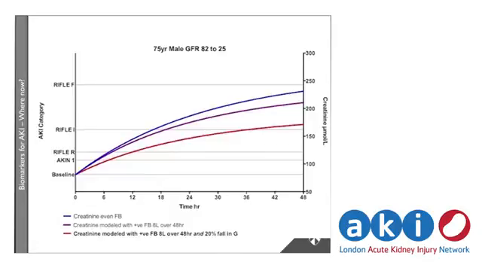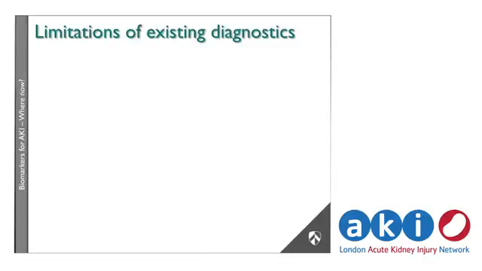So that means here that creatinine is telling us a lot less about the patient than we would desire. It also means that EGFR is completely useless in critically ill patients because they're not in a steady state and they've got altered creatinine generation. So EGFR is of no value in the acute setting.